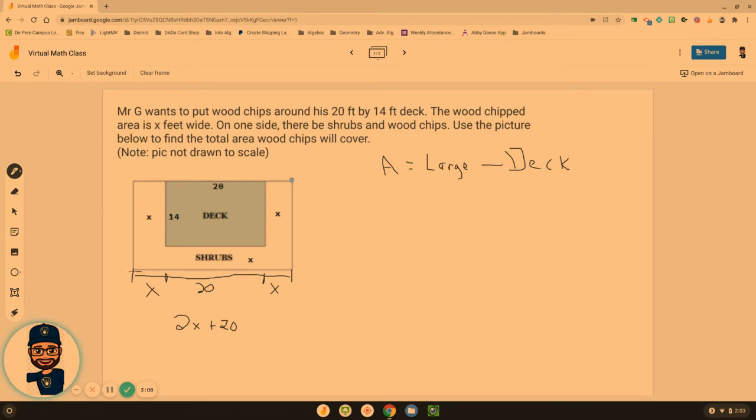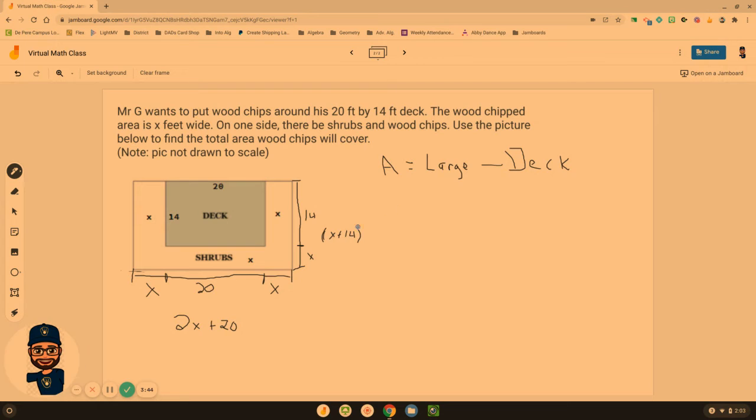Then we have to figure out how long it is from here to here, the length. From this top part down to here is the same as the deck, which is 14, and this chunk is x, because that's the width, so we get x plus 14. So there are the dimensions of the large rectangle: x plus 14 by 2x plus 20.